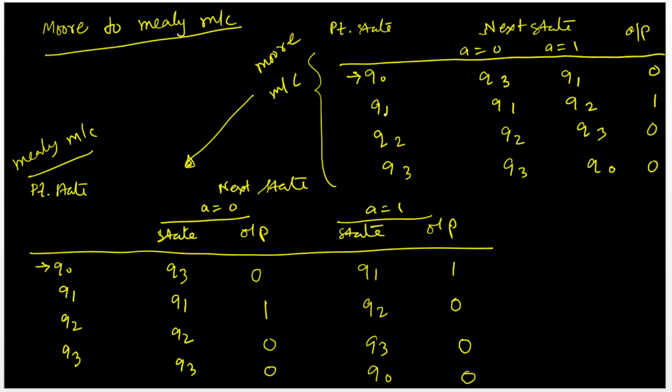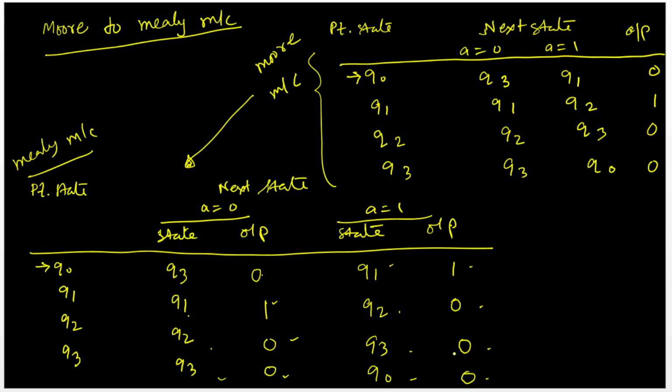If your state is q1, the output will be 1, q2 0 and q3 0. So this is the Mealy machine.